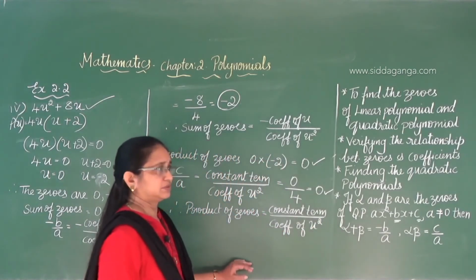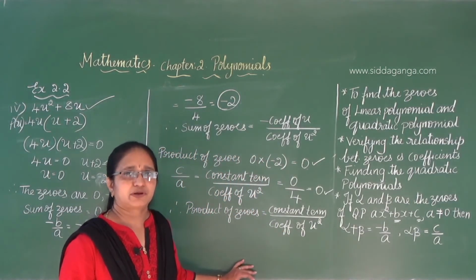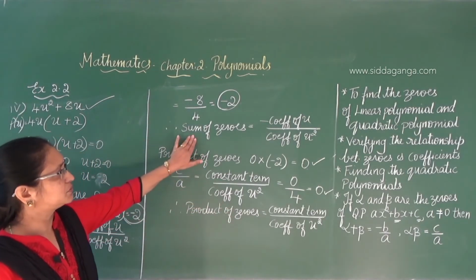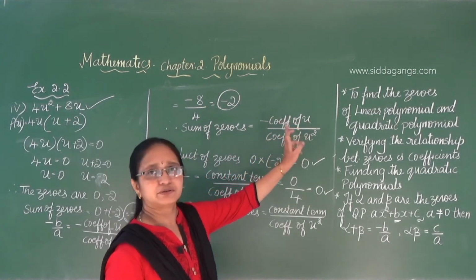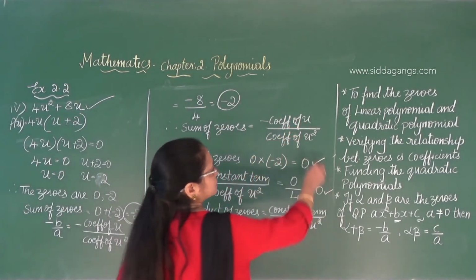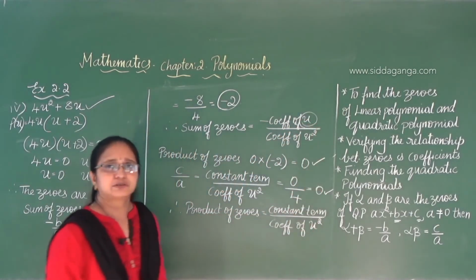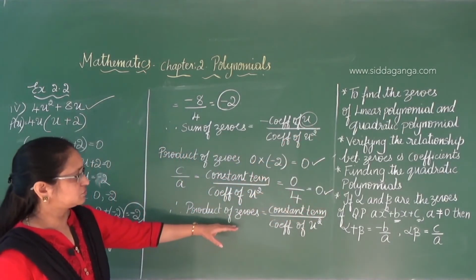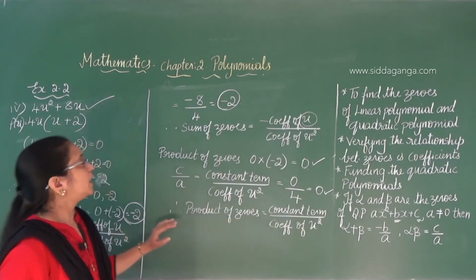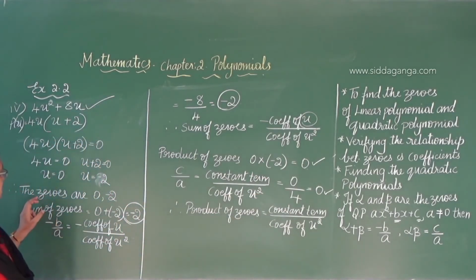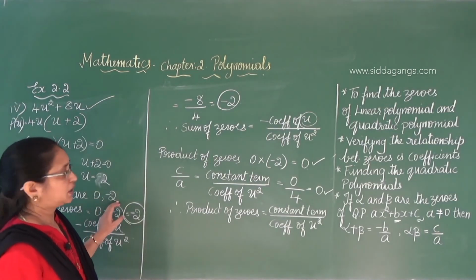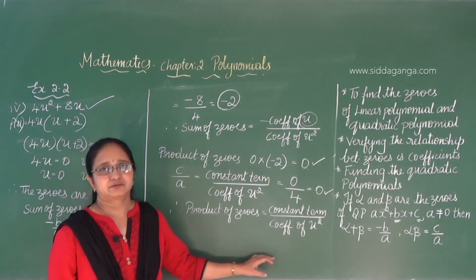For every sum you have to write all these details, sum of zeros and coefficient of u and u square. You just check the variable used in the question and write accordingly, it will change. Then product of the zeros formulas, everything you have to write, and here you have to give the conclusion. The zeros are 0 and minus 2, and hence verified.